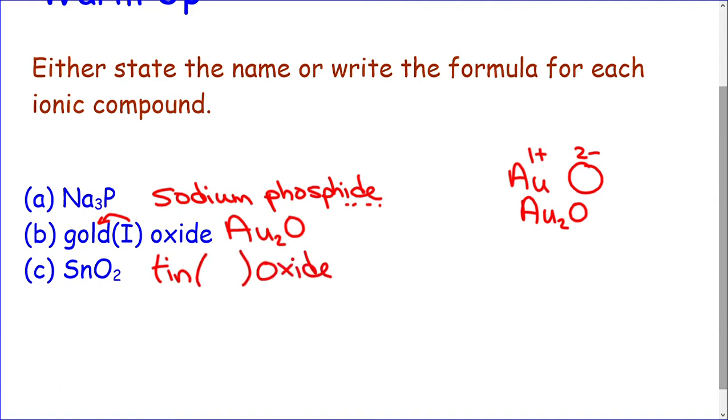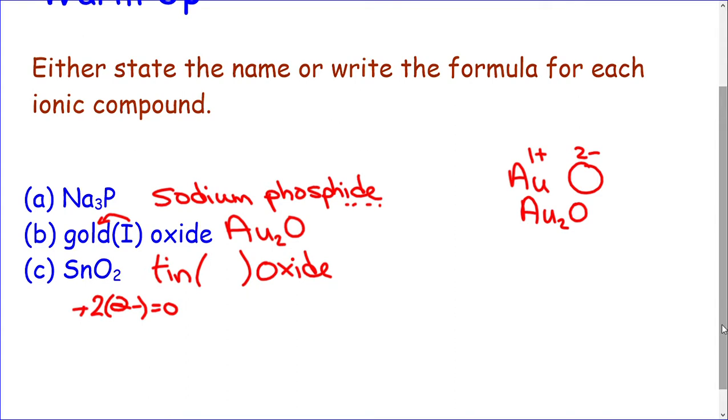How can I figure out what the charge is going to be for tin? Which charge would show up? We know oxygen has a 2- charge, and we're going to use this idea of balancing: positives balance out the negatives. I have 2 separate oxygen atoms, and each one carries a 2- charge. I want this to equal 0.